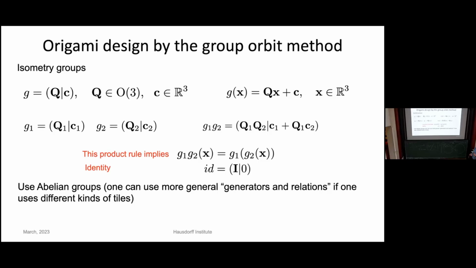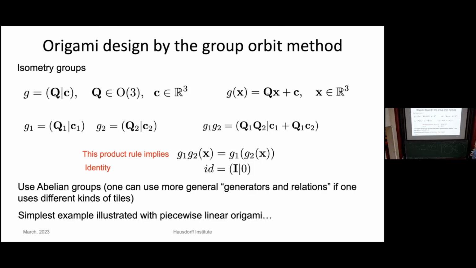The generators are some isometries, and the relations are that they commute with each other. But you could use more general generators and relations and similar ideas, although I'm going to use, I think, exclusively abelian groups. Okay, so that's the way.